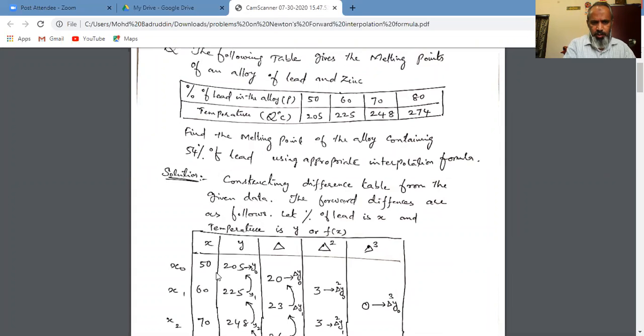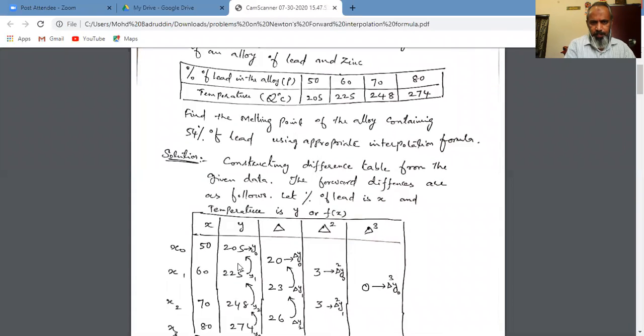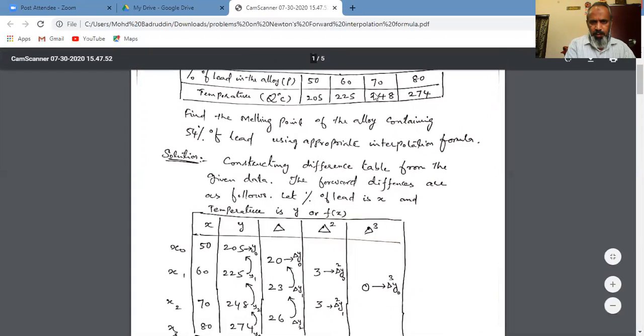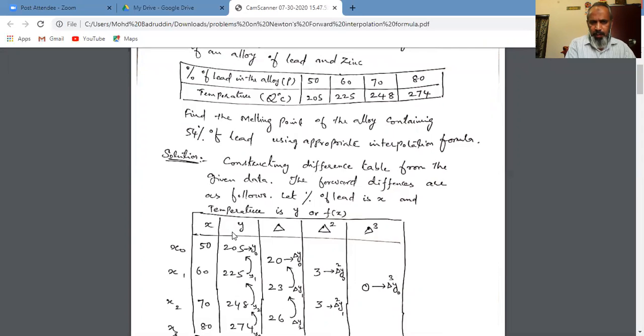At X equal to 60, it is 225. At X equal to 70, it is 248. And at X equal to 80, it is 274. In the first column, we write X, which is the percentage of lead in the alloy, and in the second column, the melting point or temperature, which we denote by Y.